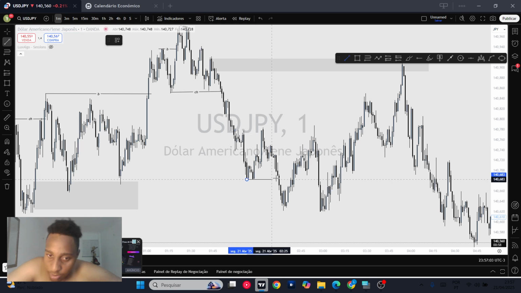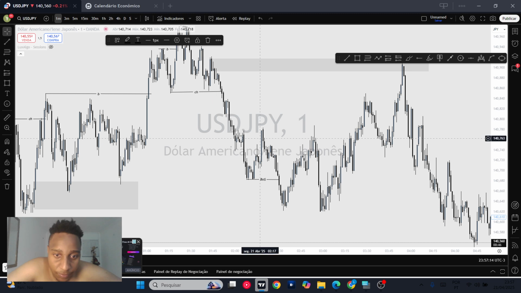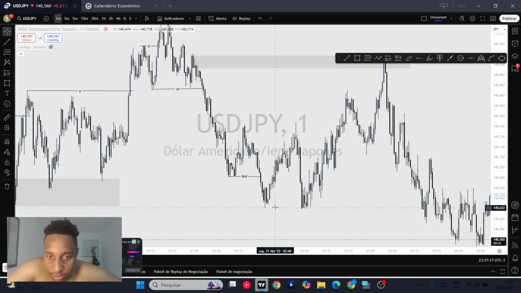So let's go back. Break of structure, BOS, right? Oops, sorry, I selected the wrong way around. And then price simply came here, created a false break of structure, right? Leaving us with what?